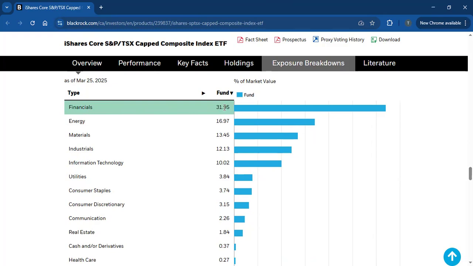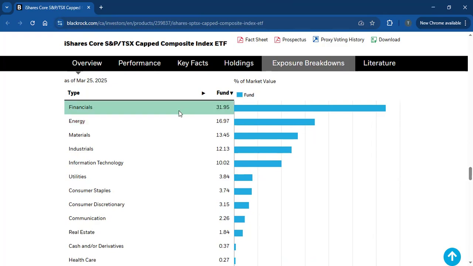Here, financial only takes about 35%. When they make up this fund, different companies come in, right? There are financial companies, energy companies, material companies, industrial companies, utility companies. What I'm trying to explain is the percentage that individual industries hold in that fund. That's what we mean by the exposure breakdown.